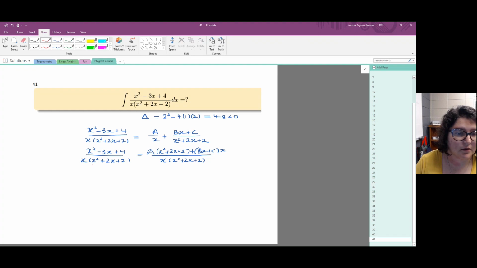So we find that we want numerators to match. x squared minus 3x plus 4 has to be equal to a times x squared plus 2x plus 2, and then plus bx plus c times x.